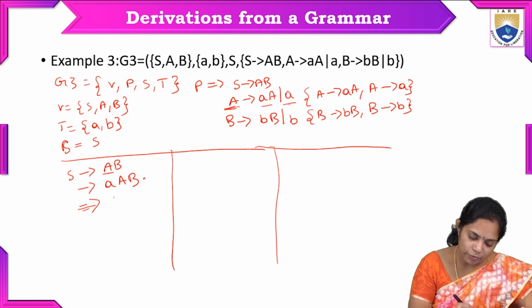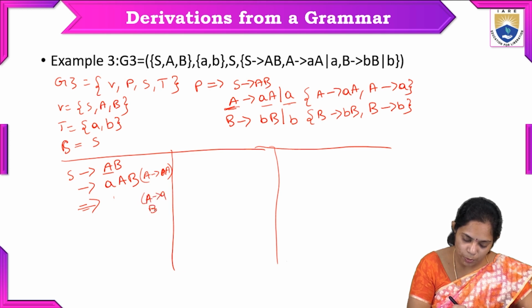And here, what we have substituted, instead of A tends to A, we have substituted. And if you substitute A tends to A and B tends to B, this is what we will get, AB.